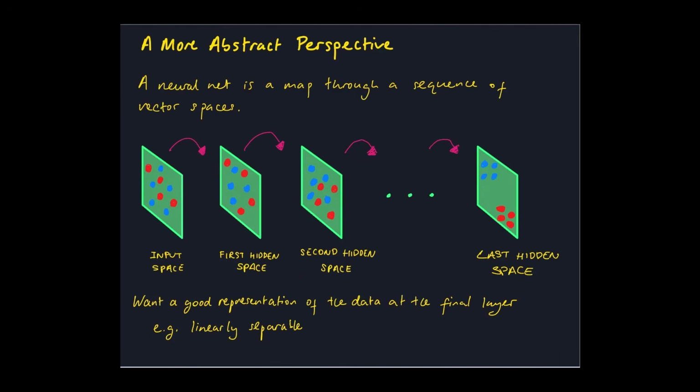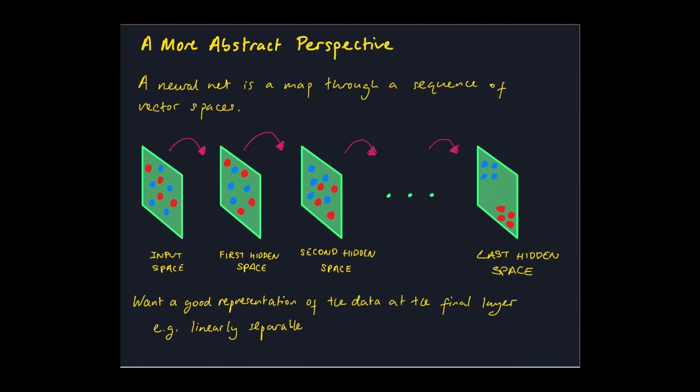But in this lecture, not really using that, we're thinking more abstractly of a neural network as a map through a sequence of vector spaces. Every layer of the neural network you can think of as a vector space. One possible goal of deep learning is to learn a really good representation of your data points.